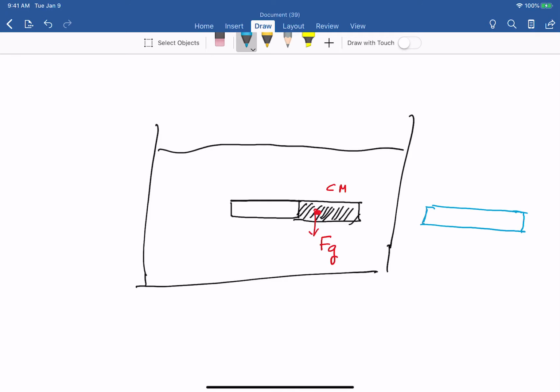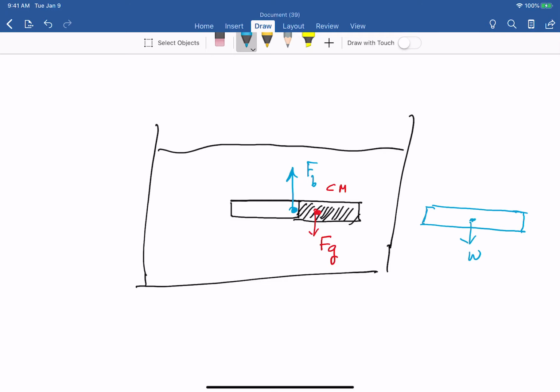Where would the weight of the water act? It would act at the center of mass of the water. This is the weight of the equal volume of water, and that is the buoyant force. So where would the buoyant force act? It would just act at the geometrical center of the object. So F_B would act like this.